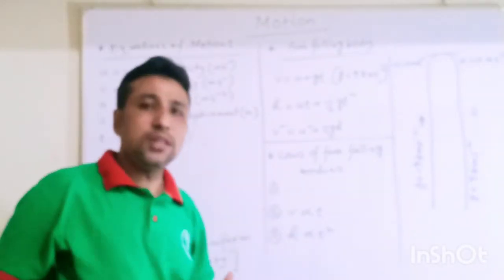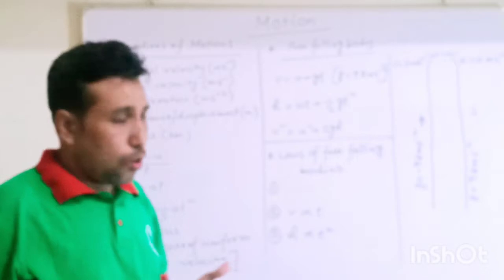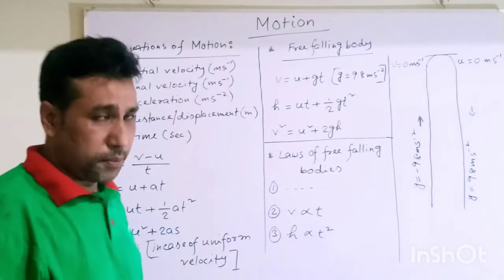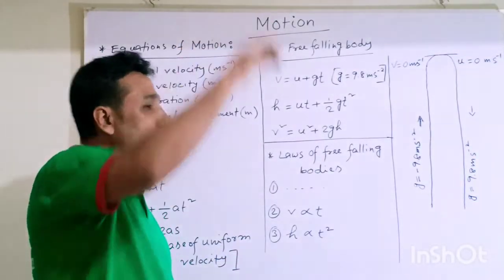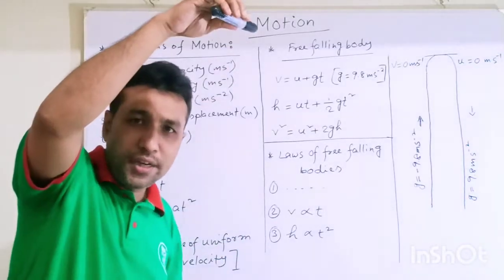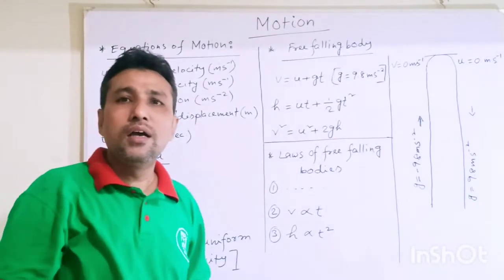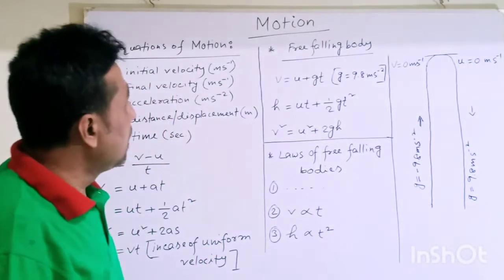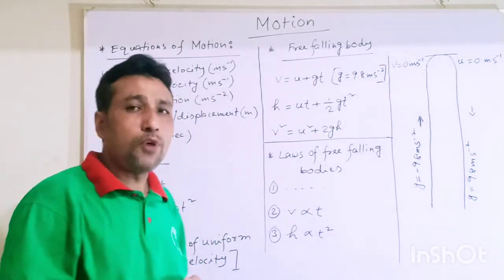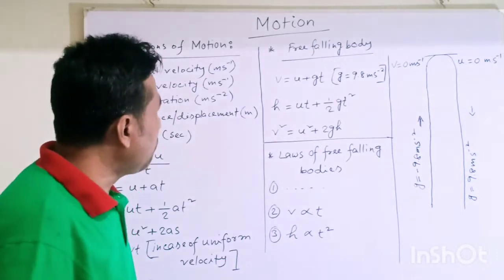Except gravitational force, no other force acts on the body. The object falls from a definite height only under gravitational force. In that case, the body is called a free falling body.